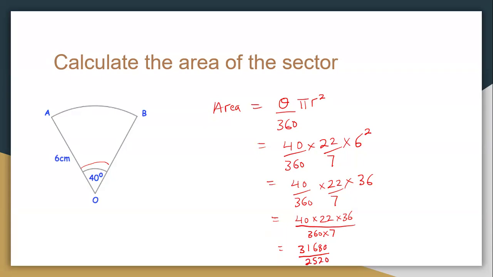Then you reduce, and you end up getting the area as 12.571. Since the radius was given in centimeters, these are centimeters squared.